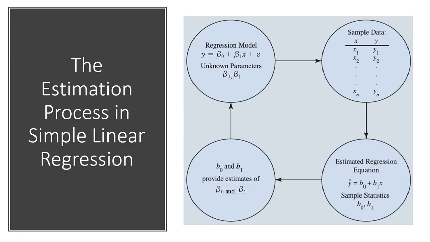Then you use your sample data to prepare an estimated regression equation where y hat equals b naught plus b1x, with your sample statistics being b naught and b1. So then you can take the values for b naught and b1 and use them to be estimates of beta naught and beta 1 to make your overall population regression model with the unknown parameters of beta naught and beta 1.